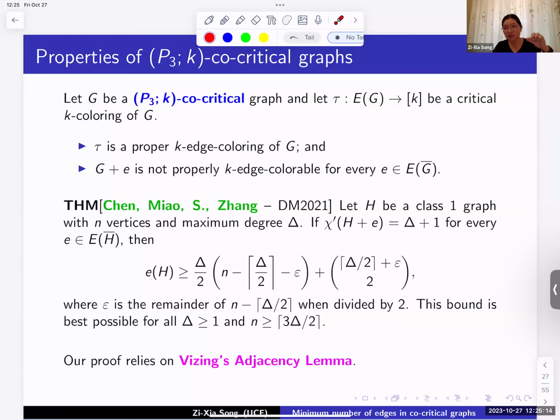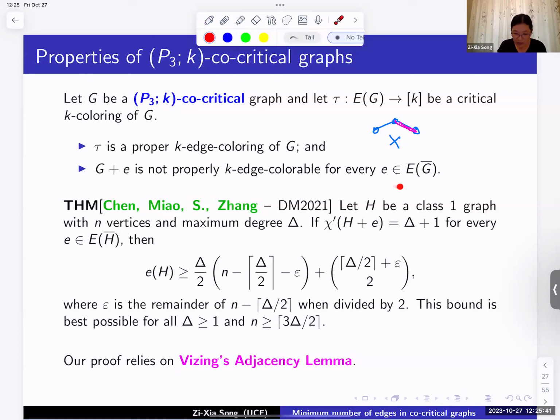Here P3 is a path on 3 vertices, so this monochromatic path is forbidden, which means any two adjacent edges must receive different colors. So it's a proper edge coloring.